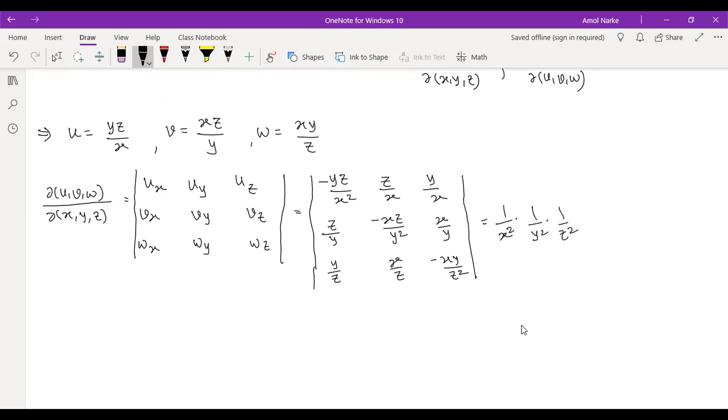Whatever that rational part is, we are trying to remove that, so it will be easy to solve this determinant directly. I'm using a determinant property for getting an easier solution. So x square is gone.